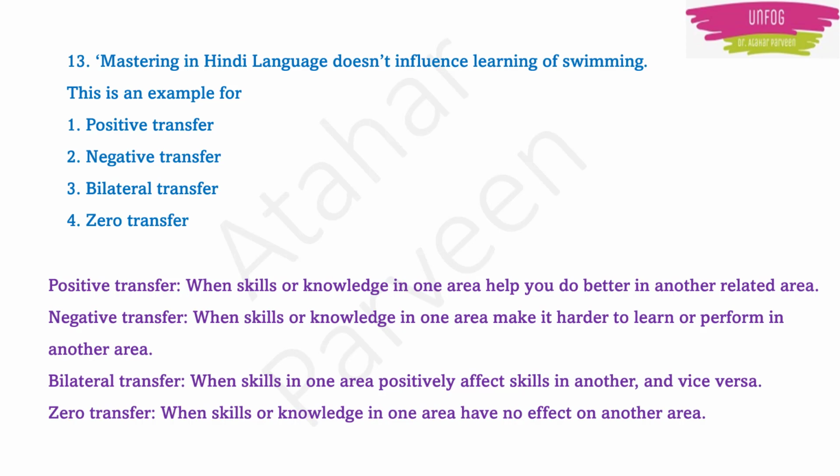And that chapter is the same as that of a physics chapter. For example, atom is there. So that chapter comes in physics also and chemistry also, right? So here you can use positive transfer because when skills or knowledge in one area help you do better in another related area. That means you can have a positive transfer and take a very nice chemistry class.